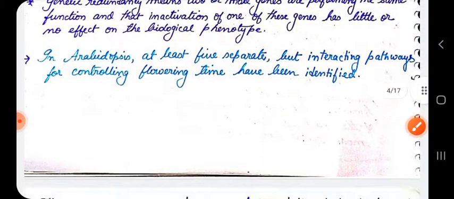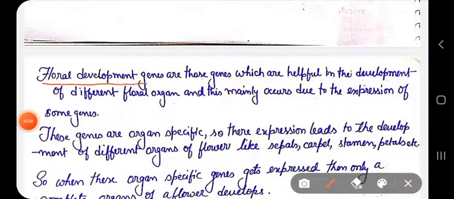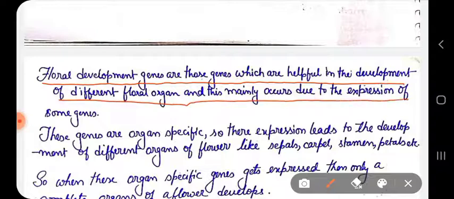Let us reveal those pathways. Floral development genes are those genes which are helpful in the development of different floral organs, and this mainly occurs due to the expression of some genes. There are many types of genes for flower development, helpful for development of the stamens, the carpel, the petals, the sepals, right?